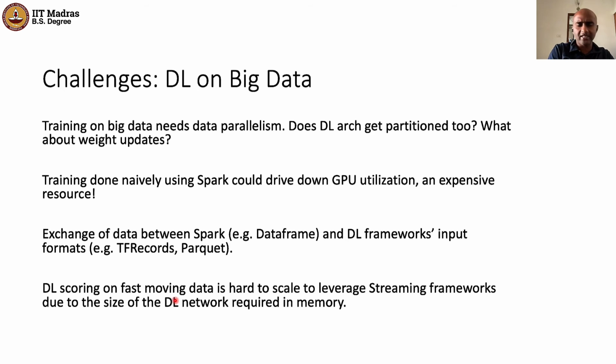Okay, so let's take a look at now the challenges of deep learning on big data. So far, we've just given a very, very high-level primer of deep learning. When it comes to big data, naturally the data sets are large, and in this context, I'm talking about data sets which are so large that it doesn't fit into a single machine, not into a single machine that's accessible to you, right?